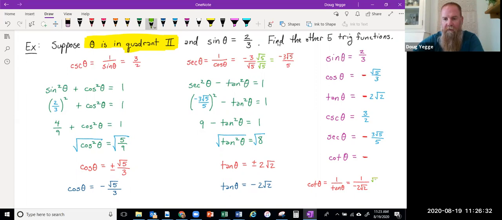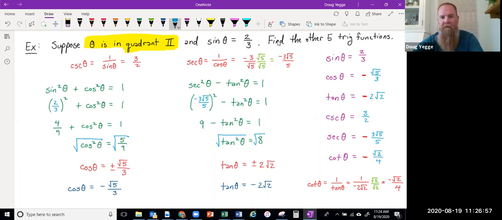So if I multiply by root 2 over root 2, then that's going to give me a value of negative root 2 on top, and on the bottom, 2 times 2 gives me a value of 4. So we've got negative root 2 over 4.